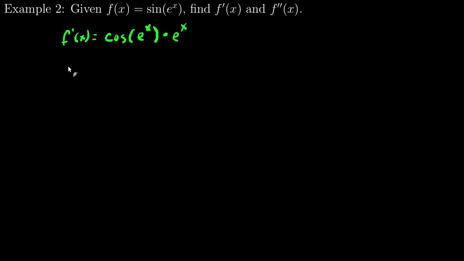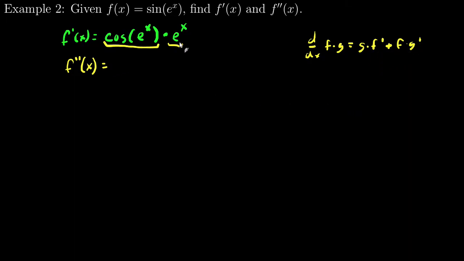Now for the second derivative, I have to be a little careful, because I actually have product rule, the product of these two functions, and chain rule. So I'll do product rule first. Now remember, the derivative with respect to x of f times g will be g times f prime plus f times g prime.